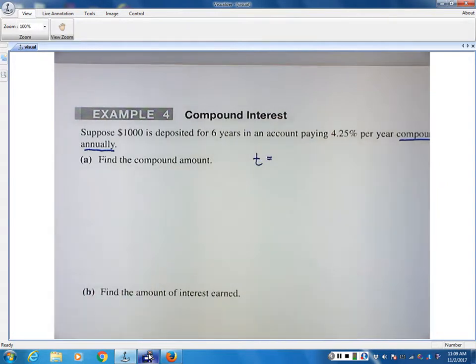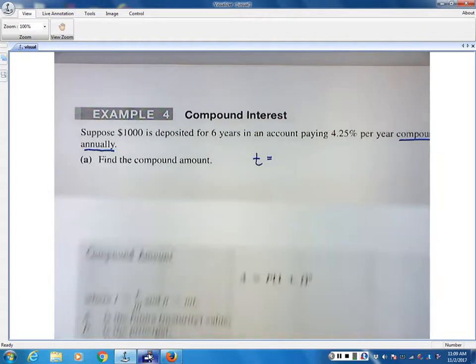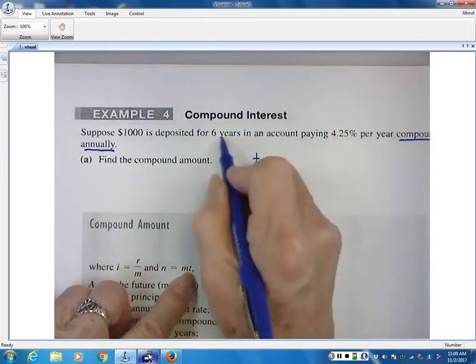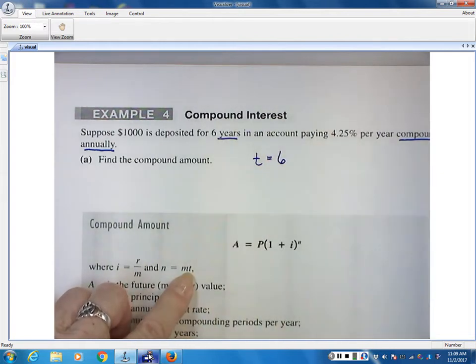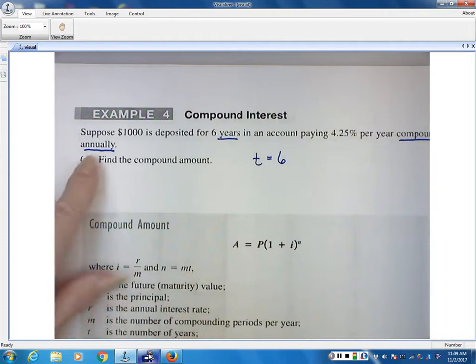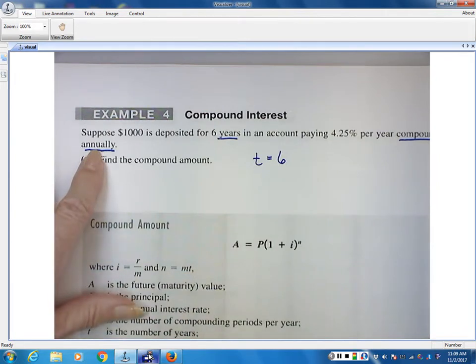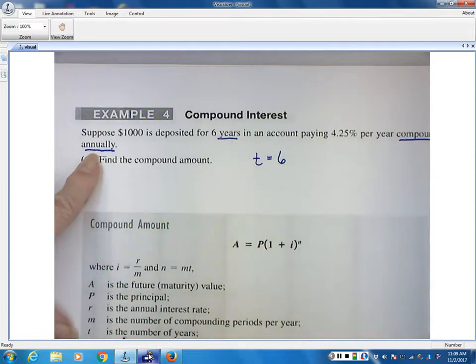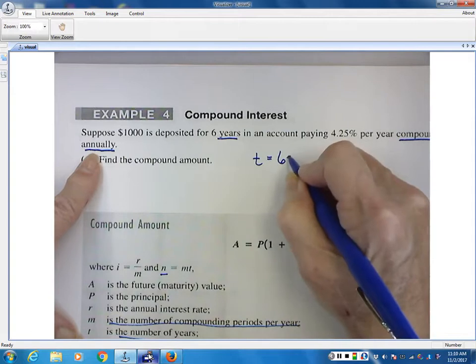So going back to the formula, your actual time is 6 years, but you're going to compound it annually, so you're going to compound it 6 times. So T is the number of years, but N is the number of compounding periods, which is the number of compounding periods per year, in this case once a year, times the years.